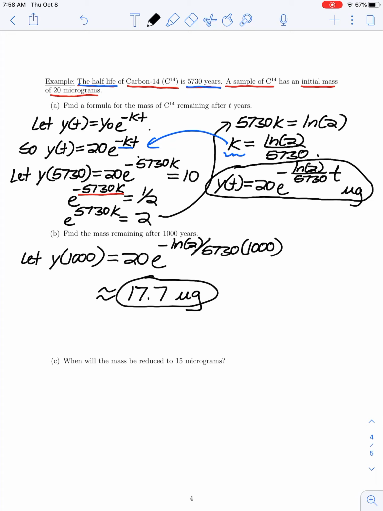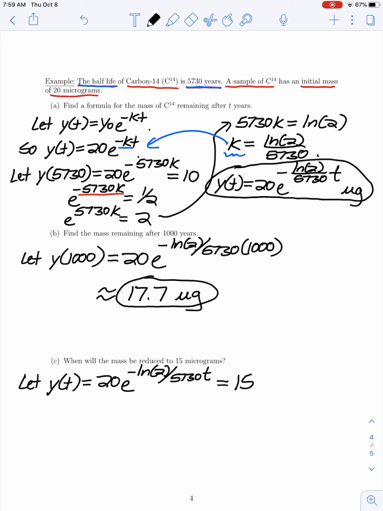Now, in part C, we are asked when would the mass be reduced to 15 micrograms. So to determine that, we would take our expression y of t for the mass at any given time, which is 20 e to the negative natural log 2 over 5730 t, and we would set this equal to the desired mass at 15 micrograms.